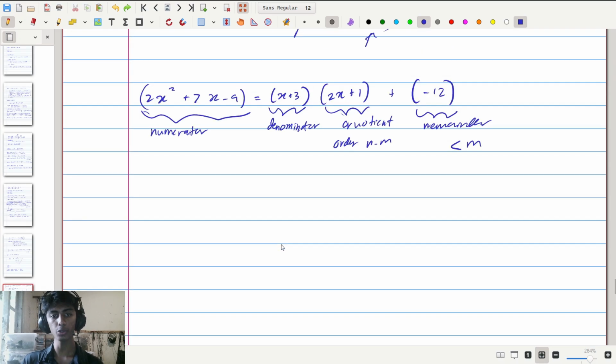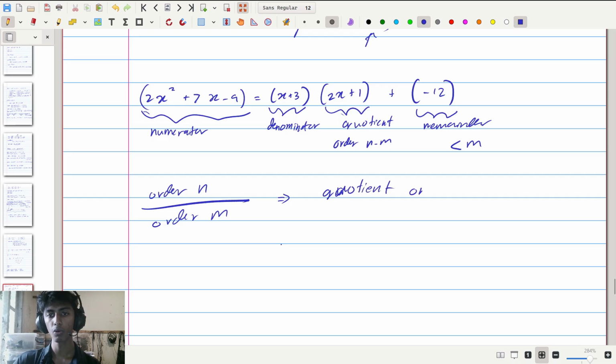So I'm going to give to you that if we divide an order n polynomial by an order m polynomial, this will give us a quotient of order n minus m and a remainder of order less than m. This is the case, and I will not prove this but just give it to you as given.